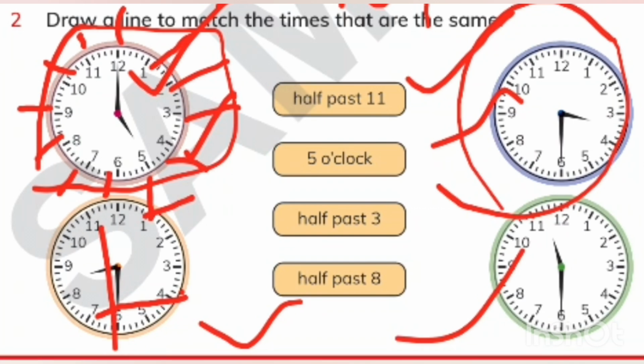Basically we have three types of needle in an analog clock, but at this stage we are learning only two needles.